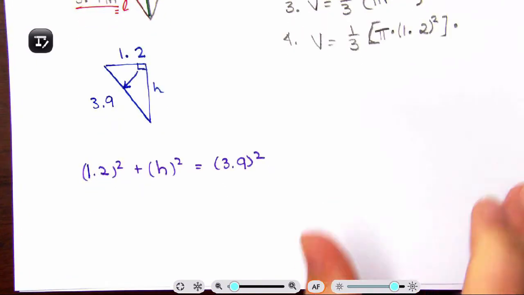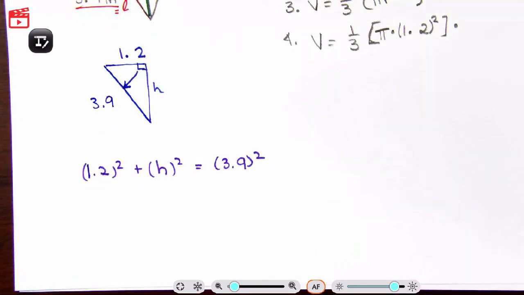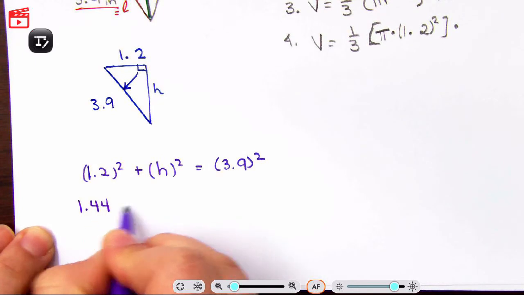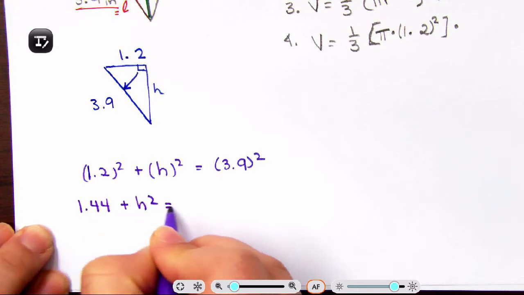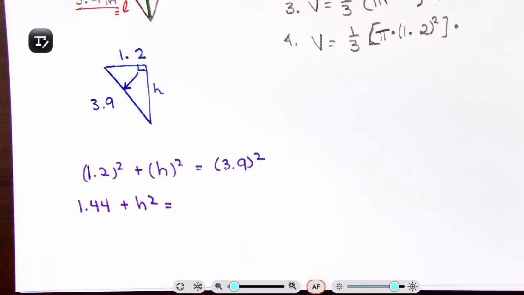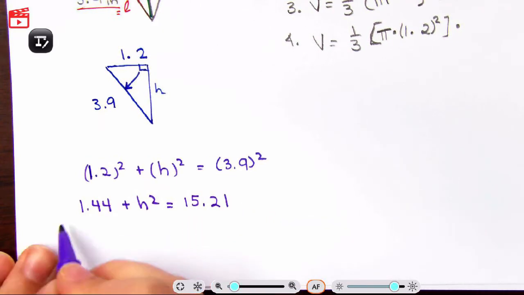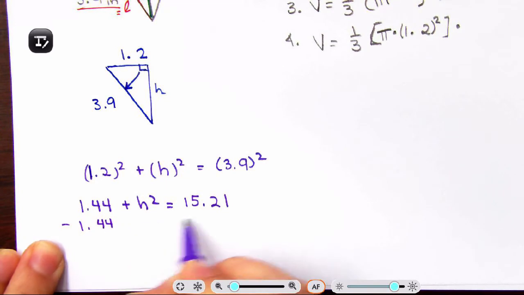Now we use our calculator. So 1.2 squared, let's see here if my calculator can cooperate. That is 1.44 plus h squared. Now we have 3.9 squared, and that is 15.21. I'm going to subtract 1.44 from both sides.